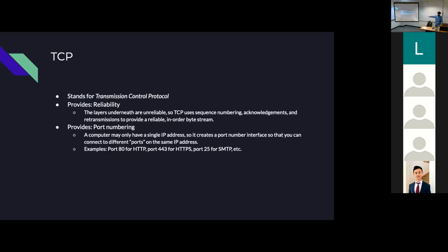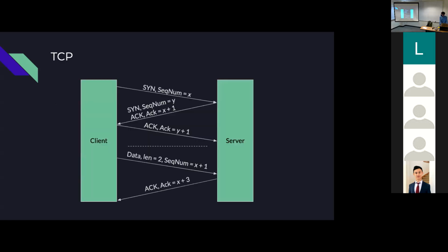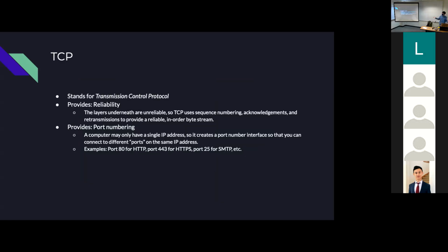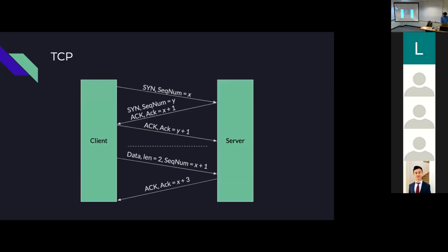There are a couple of common ports that are used for different protocols. Usually we use port 80 for HTTP, 443 for HTTPS, and so on and so forth. You don't need to remember these, but they're good to know if you ever get deeper into networking stuff, or if one day you have an error that says like port 80 crashed or something, and you can just memorize it off the top of your head.